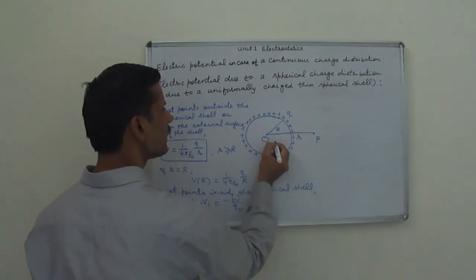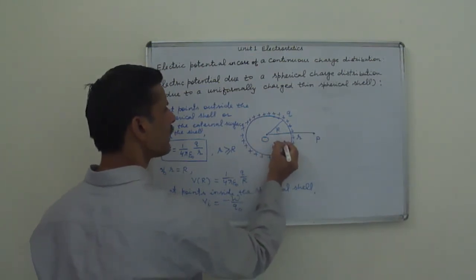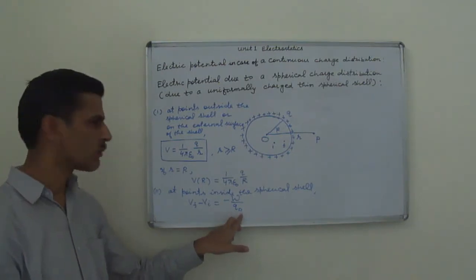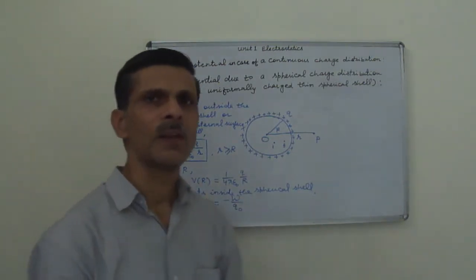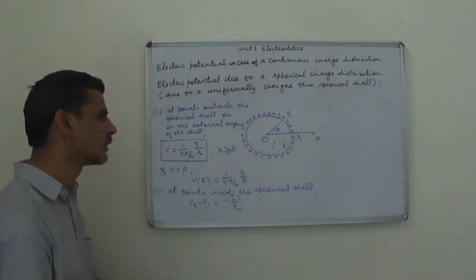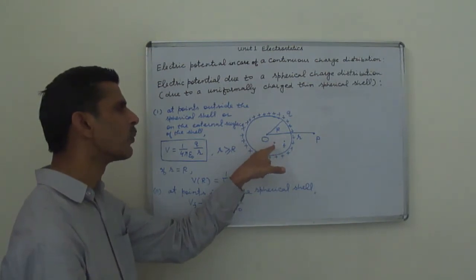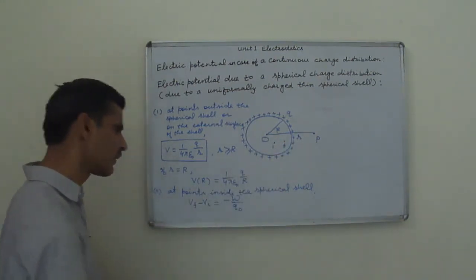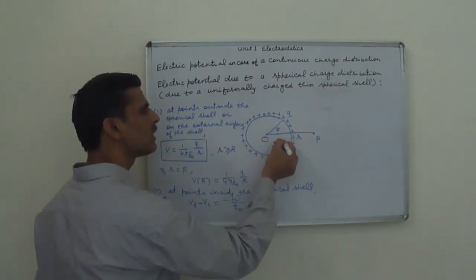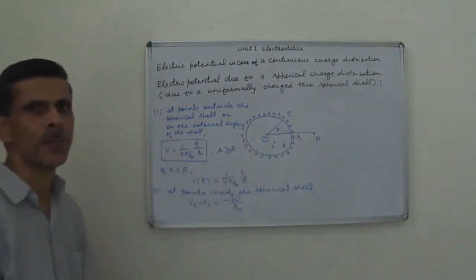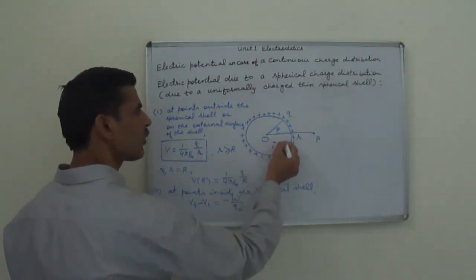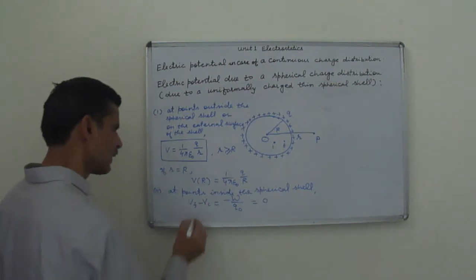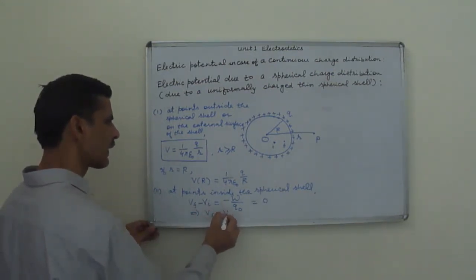If we consider 2 points, this is point I, this point is F. Here W is the work done by electric force in moving test charge plus q naught from point I to point F. Since electric field is 0 at each point inside spherical shell, there is no electrostatic force acting on q naught charge, so W is equal to 0. So this means Vf is equal to Vi.